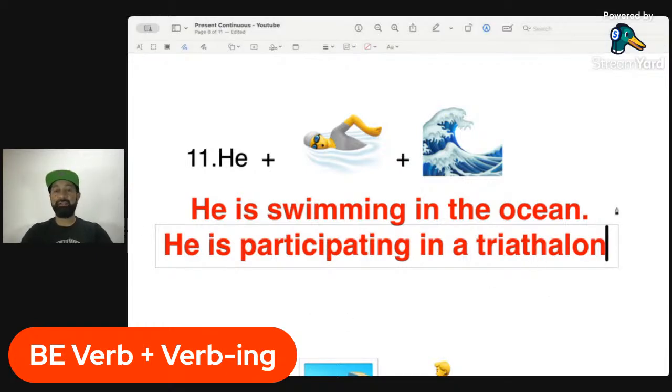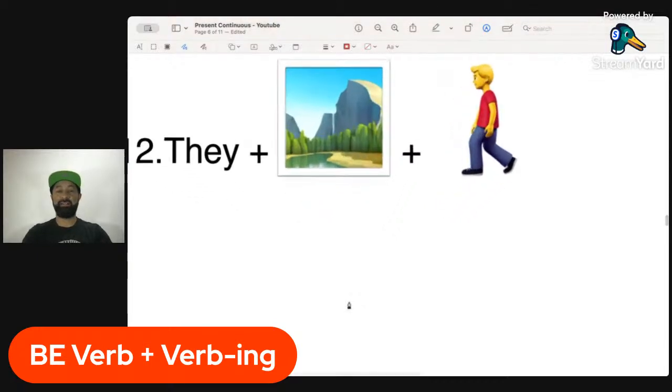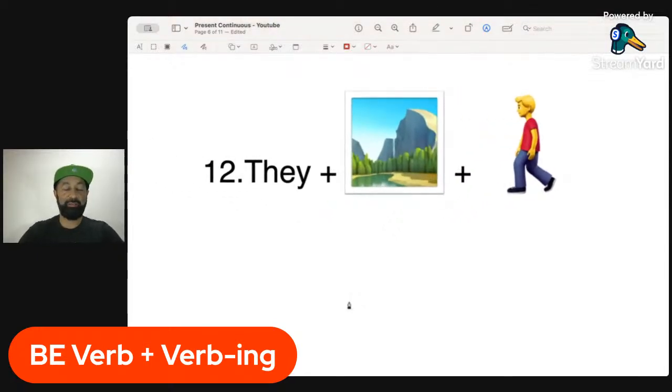Okay, so let's look at number 12. We've got these pictures here. We've got they. Looks like we've got a mountain or countryside, a mountainside. And then someone looks to be walking. Use all of this information to make a sentence.